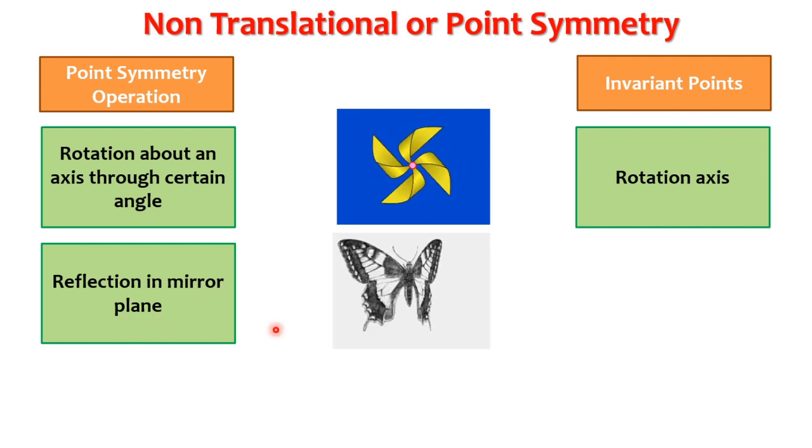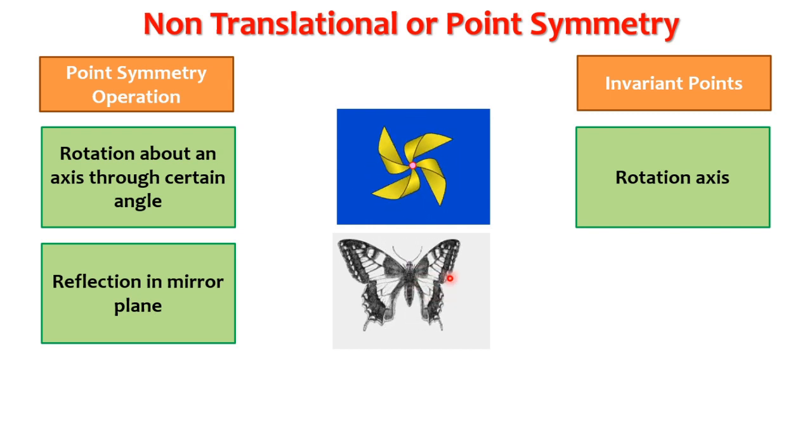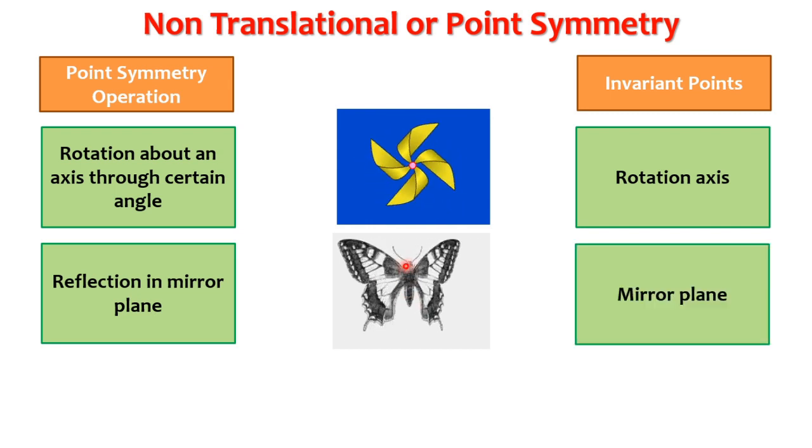Here we are going to have a mirror plane and a lattice on one side of this mirror plane. This lattice will be imaged at an equal distance on the other side of the mirror plane. In this operation, all the lattice points move to the other side of the mirror plane, but the points which are present on this mirror plane will remain invariant.